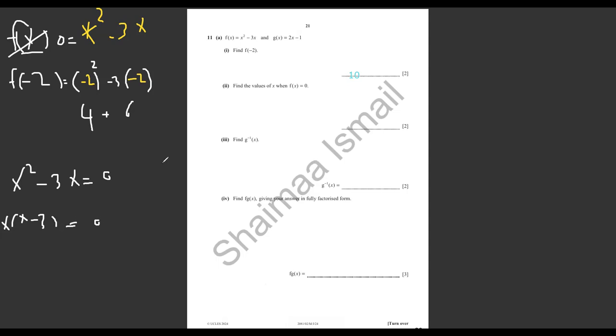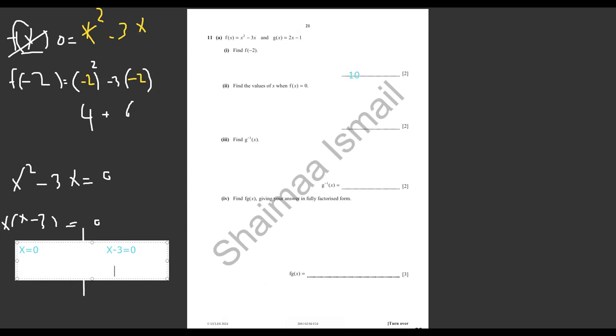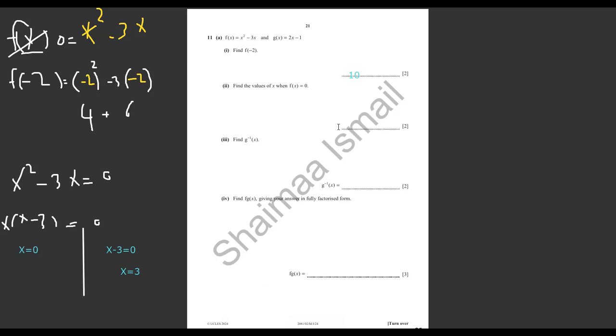So we have two solutions: x equals 0 or x minus 3 equals 0, which means x equals 3. So x equals 0 or x equals 3.